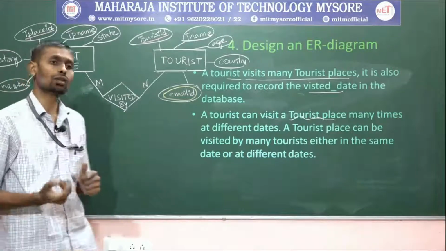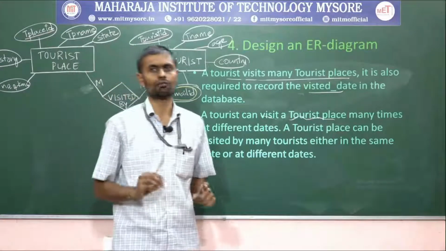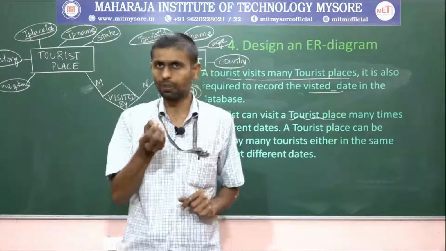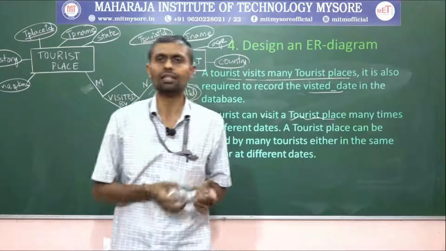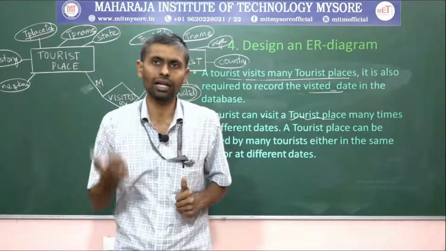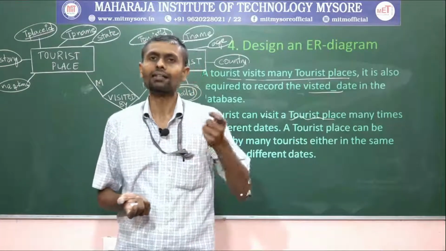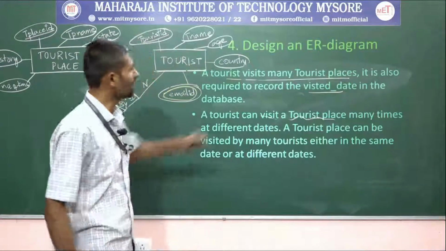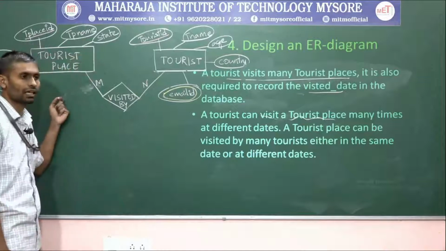Then this also becomes a problem. Once one tourist has visited a tourist place, I cannot record another, because the tourist place ID itself cannot repeat. Since it doesn't repeat, I cannot enter or record one more date visited by another tourist. So the visited date doesn't fit either in the tourist entity or in the tourist place entity.